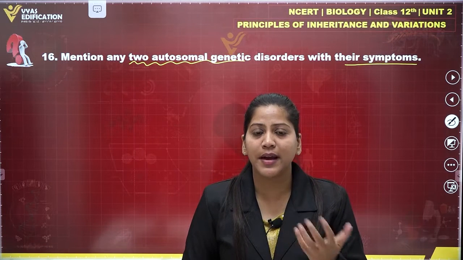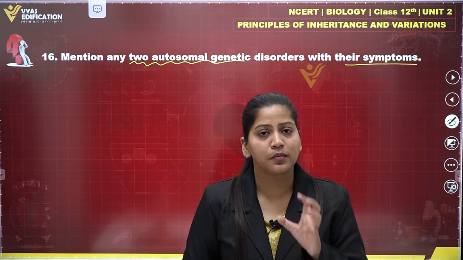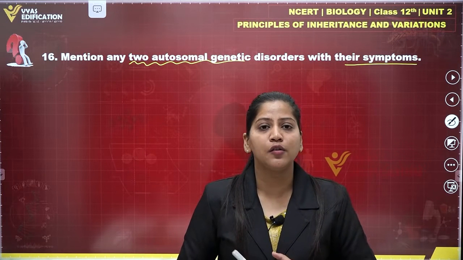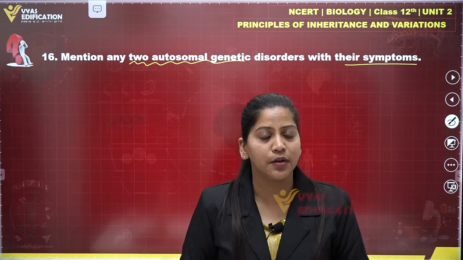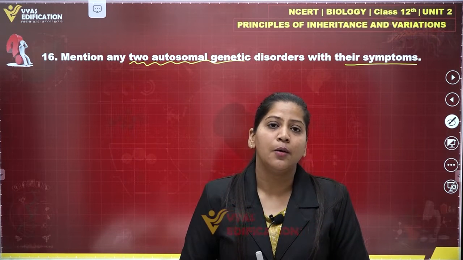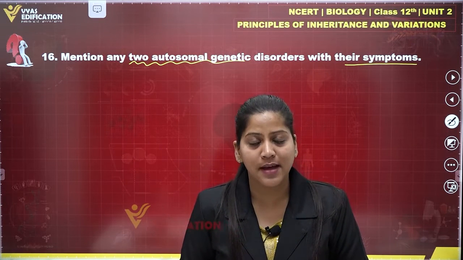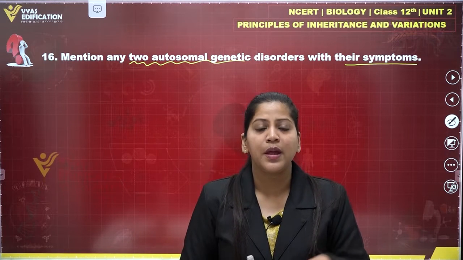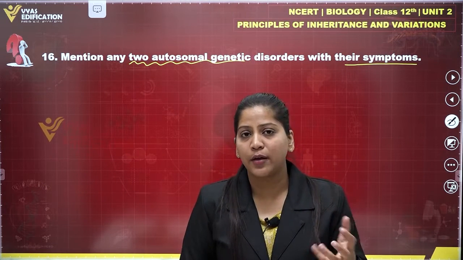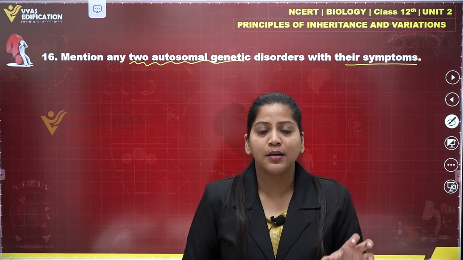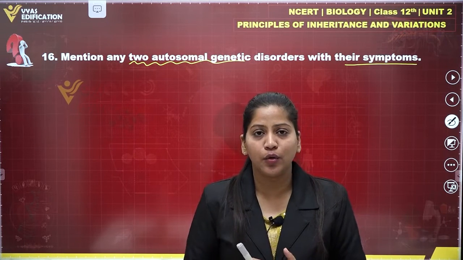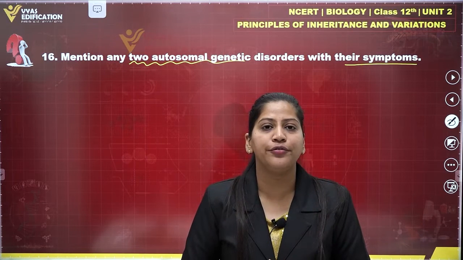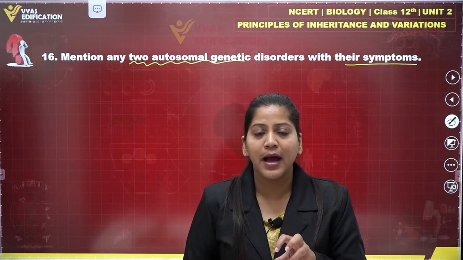Now the next disorder is phenylketonuria. Phenylketonuria is also an autosomal recessive disorder which occurs because of the lack of an enzyme which converts phenylalanine into tyrosine. The person who has phenylketonuria shows mental retardation because of the accumulation of phenylalanine.